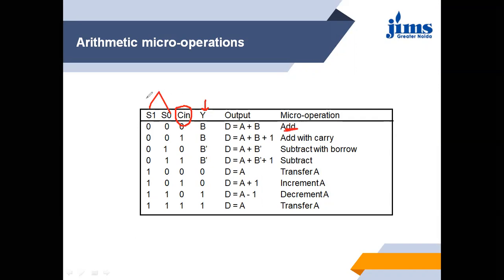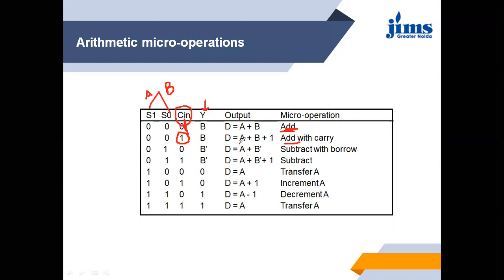Suppose this is A and this is B. Then in the first one we are adding the numbers. From here you can see that this is plus 1, meaning there is a carry. So this is add with carry.